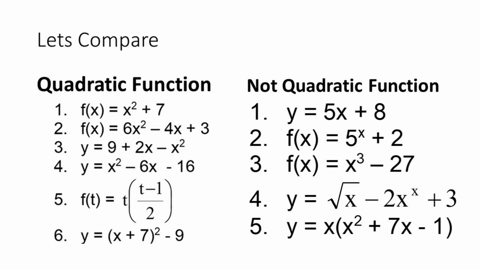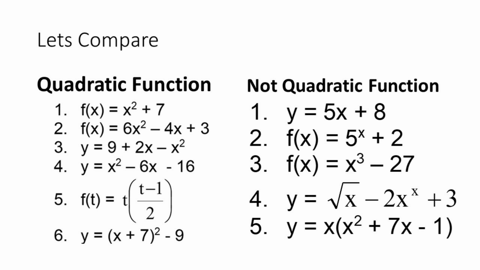Why? On equation 1, we could see that it is a linear function where the degree is equal to 1. The second one is an exponential function where the variable is in the exponent of a number.